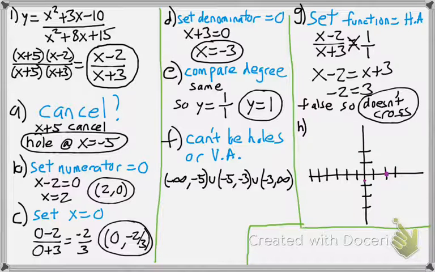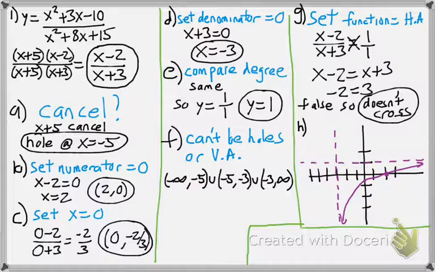I know I'm going to have an asymptote here, and for asymptotes we use the dashed lines. I know I'm going to have an asymptote here, and then I'm going to draw my function. So it's going to look like this.